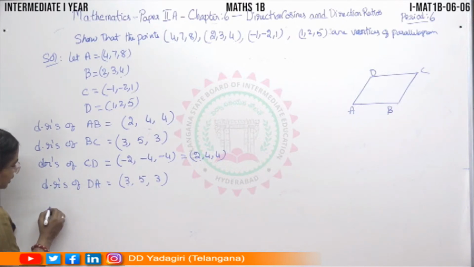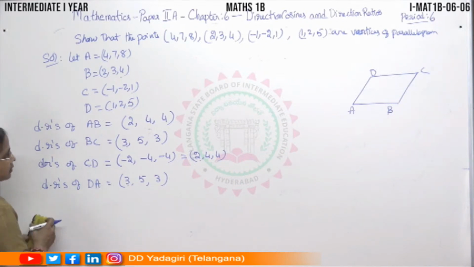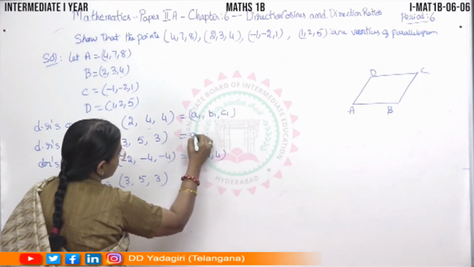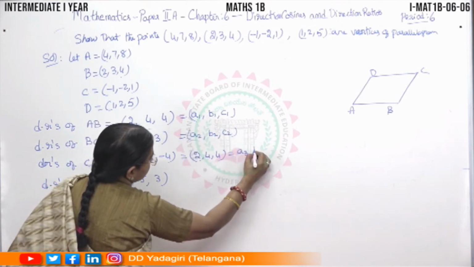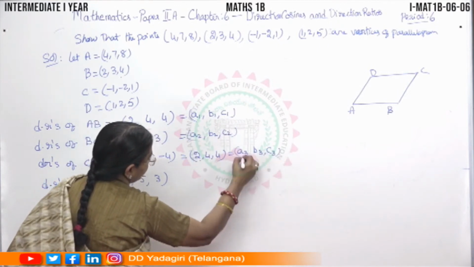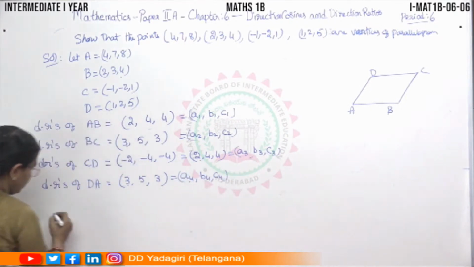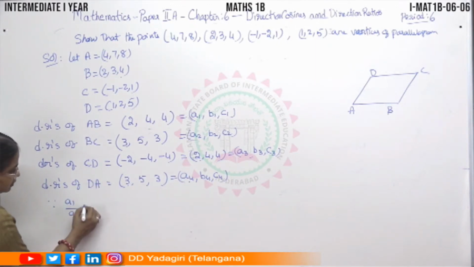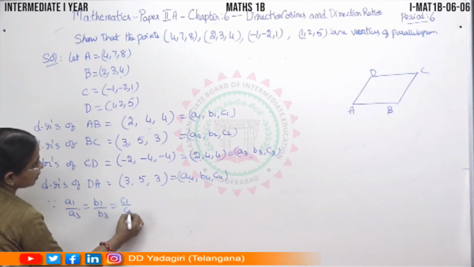So we can see the DRs of AB. We will take them otherwise like this. We'll take them as A1, B1, C1. This as A2, B2, C2. A3, B3, C3. And this as A4, B4, C4. Now we can say since A1 by A3 is equal to B1 by B3 is equal to C1 by C3.